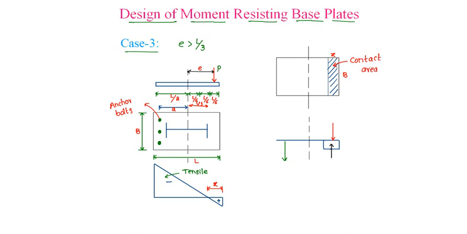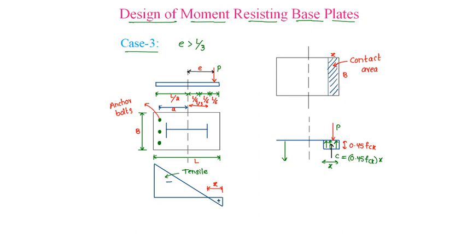Approximating the distribution to be a rectangular one, with this ordinate as 0.45 FCK, this distance will be X. So the compression force will be equal to 0.45 FCK into X, the area of the pressure distribution.